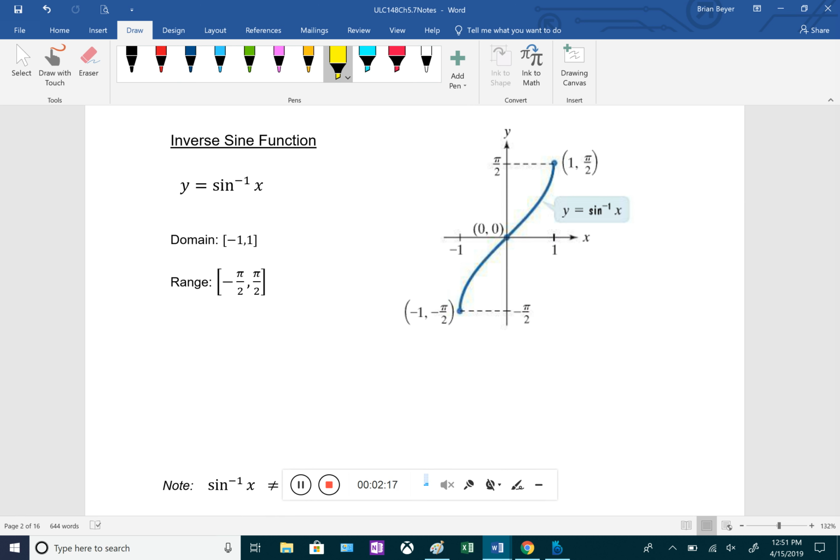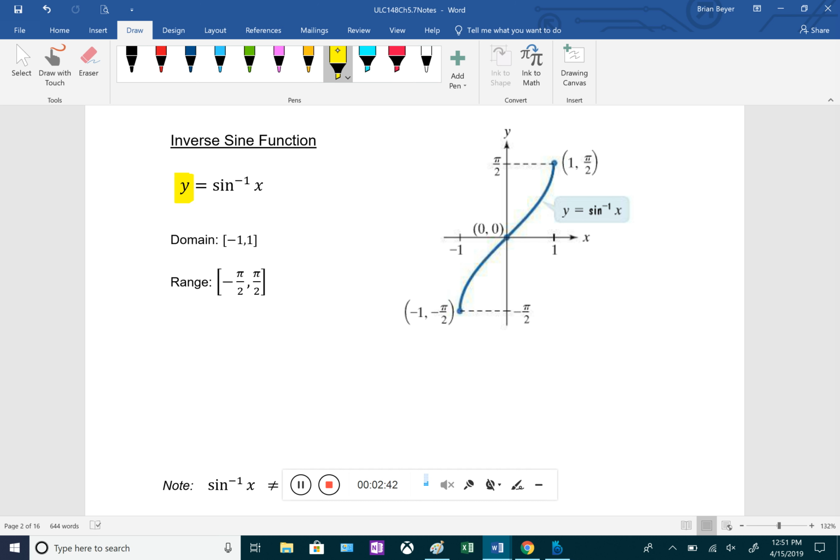So originally y equals sine of x went from negative pi over 2 to pi over 2 on the x-axis. That means for the inverse function, it's going to be negative pi over 2 to pi over 2 on the y-axis. And the domain for sine inverse of x is negative 1 to positive 1, because that was the range of y equals sine of x.